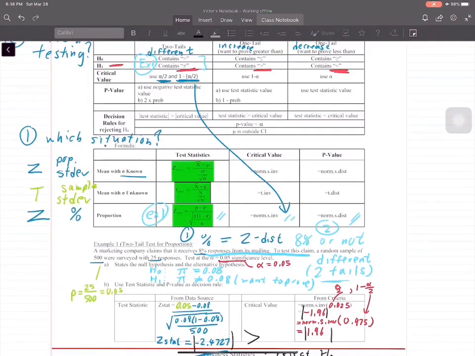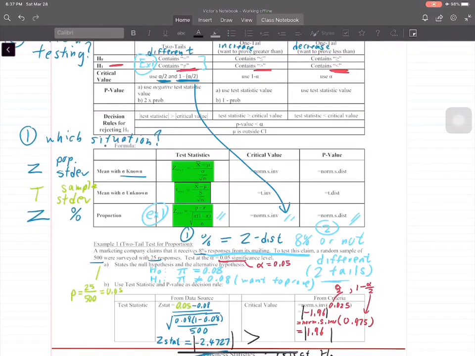We calculate p, the sample proportion, as 25 over 500. Pi is your population proportion, which is 8%. The reason it is 8% is because of H null, which states that the population proportion equals 8%.